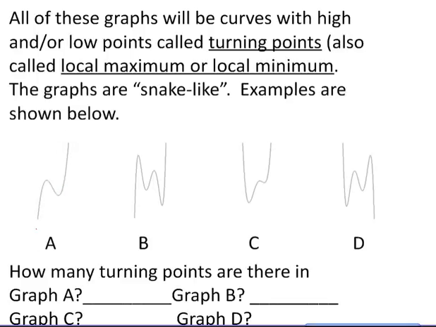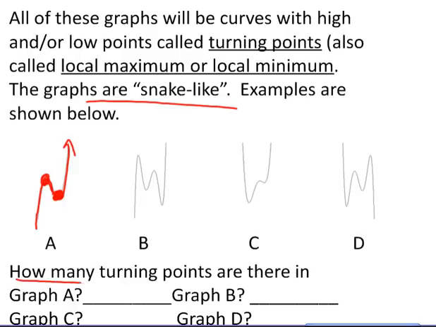I'm going to start down here and go up and turn. This point right here is called a turning point. It is also called a local maximum. So I'm going to go down, turn and go up. This point right here is a turning point, and in this case it's called a local minimum. Graphs of polynomials are snake-like, they go up and down.